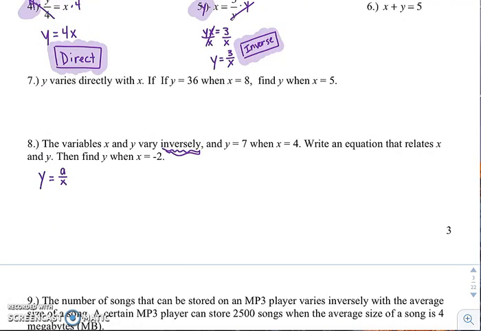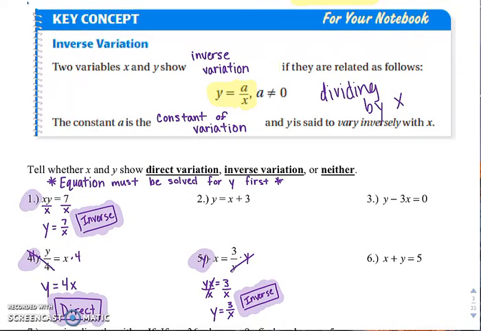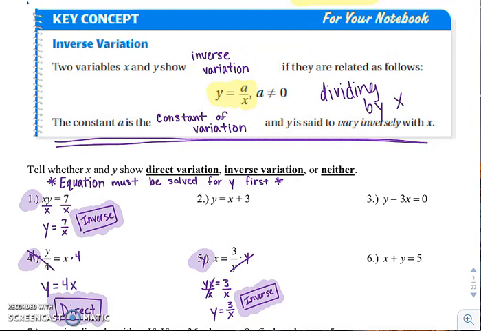So this is kind of a two-parter. Y and x are the variables that are changing. A is this constant of variation that is always the same. And that's what your key concept box says up at the top. So that's the number that's always the same number no matter what. And all your other variables, x and y, are changing.